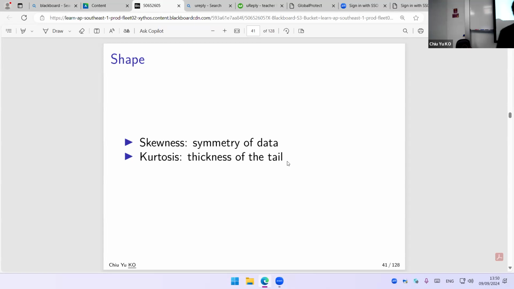You will see them in Excel. Actually, you will see that kurtosis and skewness are very similar to variance. They are similar measures, but let me define them.